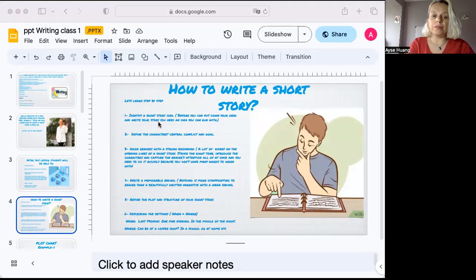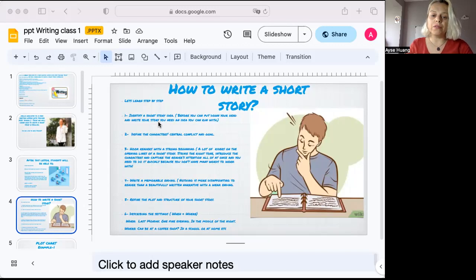Number 2, define the character's central conflict and goal. Number 3, hook readers with a strong beginning.